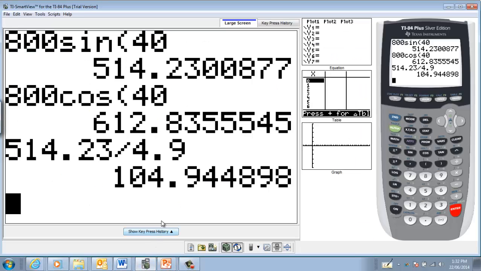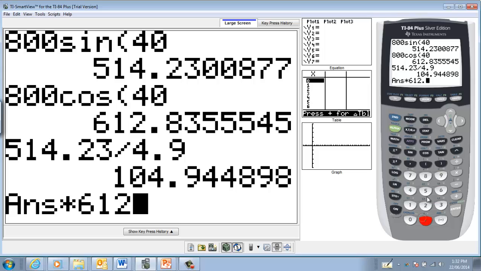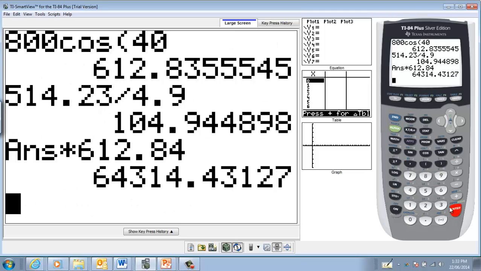So if we go to our calculator and we just simply multiply that, 612.84 times 104.9, that's going to give us an answer which is 64,314.4.